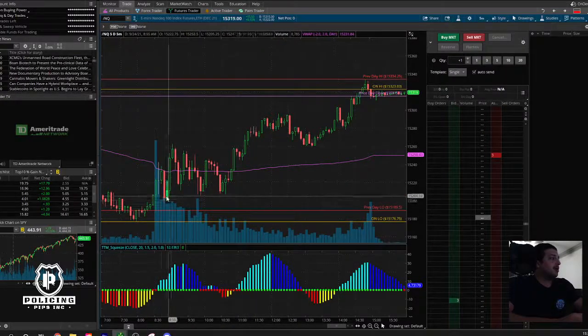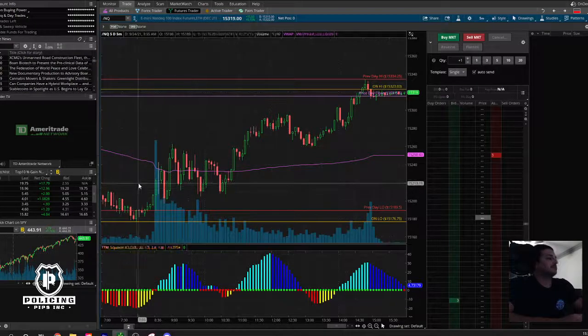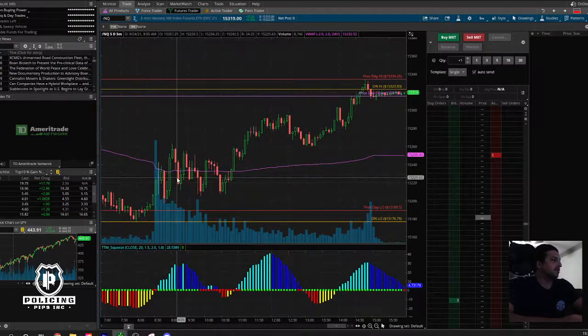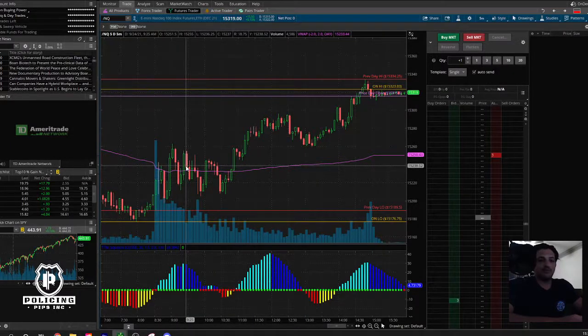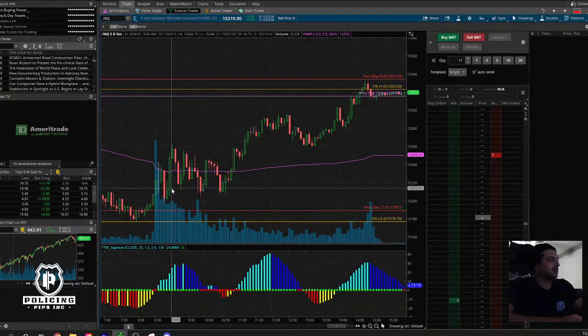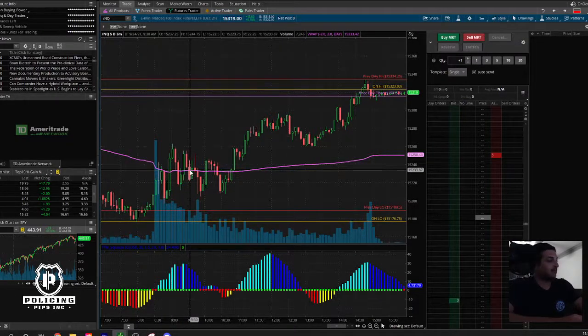And then as I go, if I believe that this position, I have some conviction in it, right? I set maybe another entry above 15,225, and then I set another one above the VWAP. So now, as I'm entering these new positions and the position's moving in my favor, I'm adding contracts. And then as I add one contract, two contracts, three contracts, I can trail my stop every time I add a new contract.